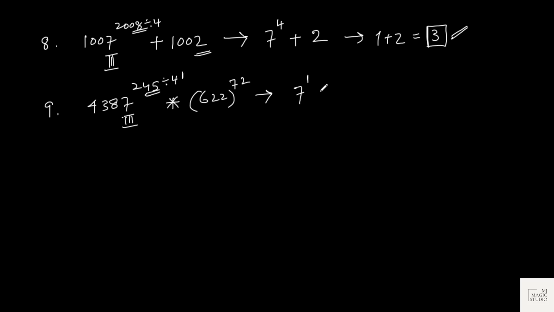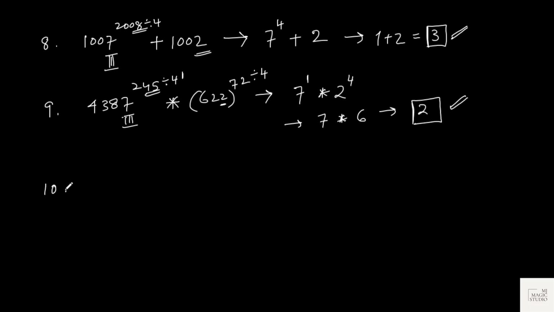So it is 7 to the power 1 into 2 to the power 72. 72 when divided by 4, bingo, it is divisible by 4. Yes, that means we are left with new power 4. So 7 to the power 1 would end with 7, and 2 to the power 4 is 2, 4, 8, 16, which ends with 6. 6 into 7 will give 42. So last digit of the entire expression would be 2.